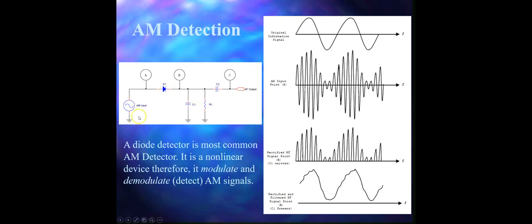Now in this circuit, you see the AM input is coming in here. If you test at point A, your signal will consist of the carrier frequency as well as the information signal. On the right-hand side, this represents your original information signal, and here at test input A, this will consist of a carrier frequency.